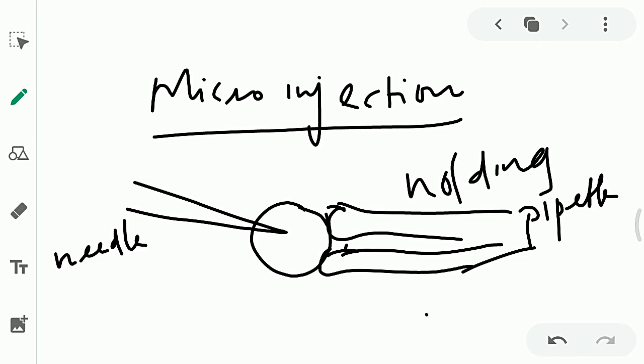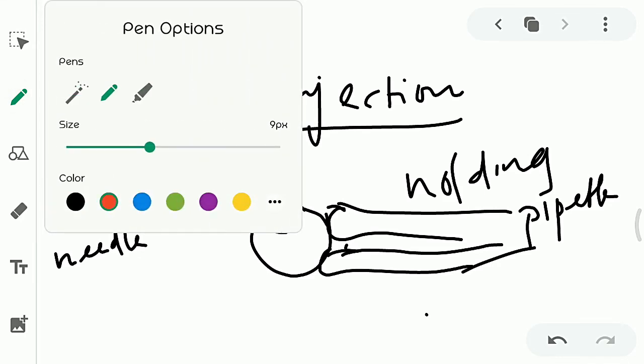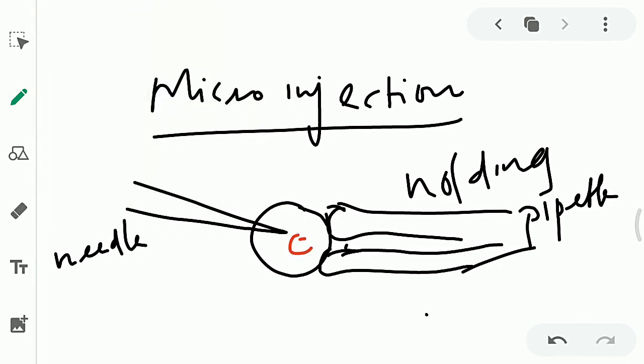With the holding pipette, we hold the cell and introduce our gene of interest directly into the nucleus. Inside the cell there is a nucleus, and we send our rDNA directly into the nucleus. So this is microinjection, and please make a note: this has to be done by experts who can easily handle the cells under a microscope.